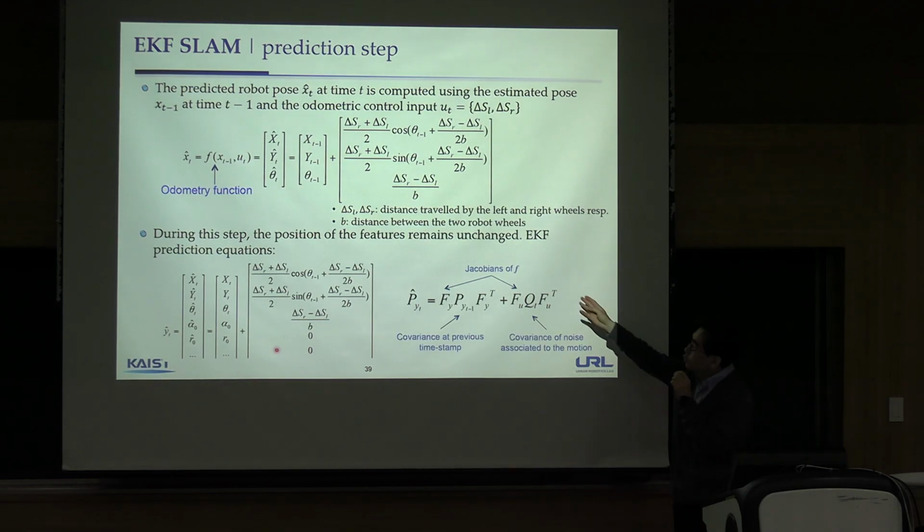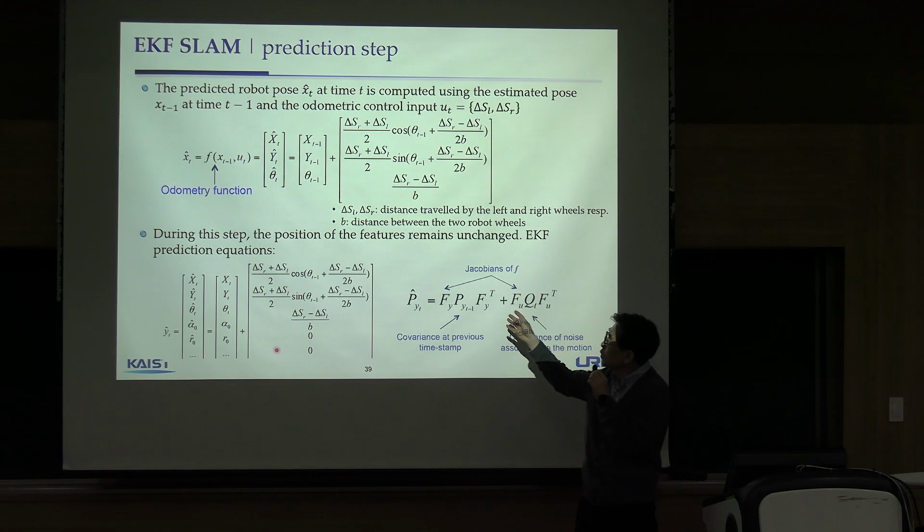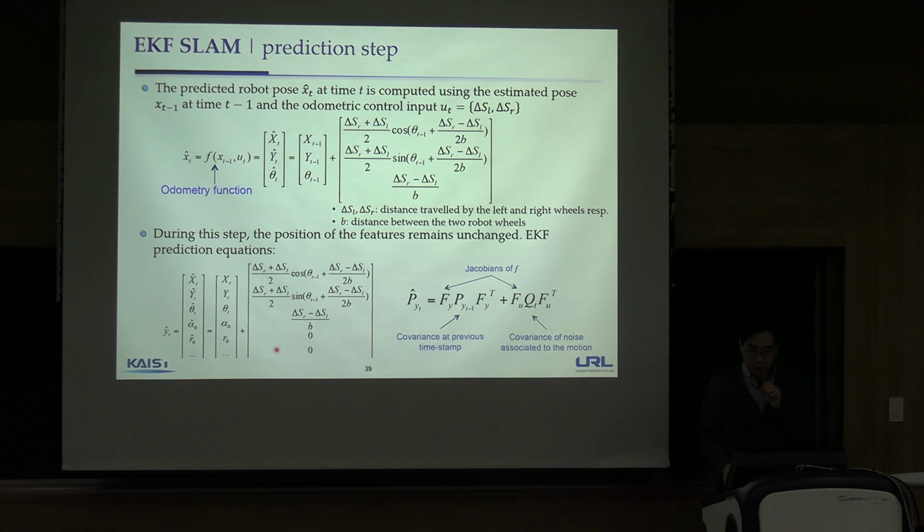In the prediction, we can just use the kinematic equation we have seen in the previous slide. You have the previous position and orientation, and we add delta s cosine theta, delta s sine theta, and delta theta, and we get the prediction of the position at first. This is the prediction step. But during this step, the features are unchanged.